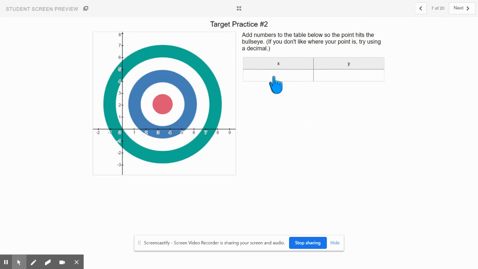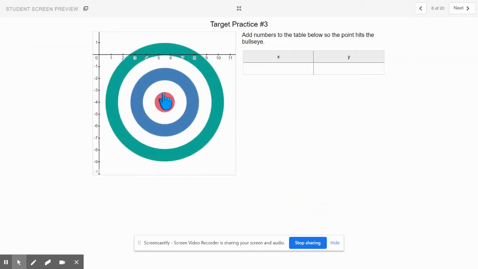All right, for this one, you got to put numbers in here. Remember, if you're going to go over maybe 3, that's over 3 up 2. And look at where your point is. I want it exactly in the middle, though. So change your point to be perfectly in the middle. Let's go. Next slide. Over 5, maybe. Over 5 is your x.